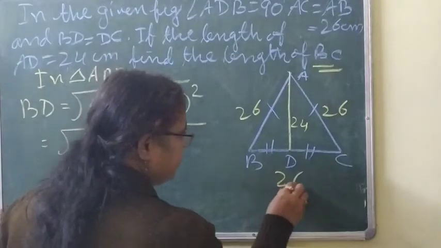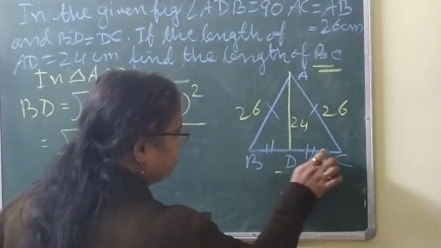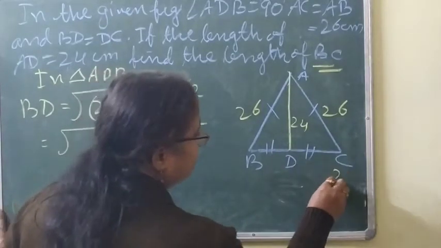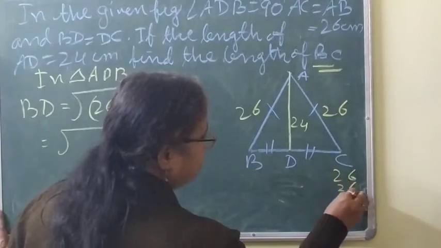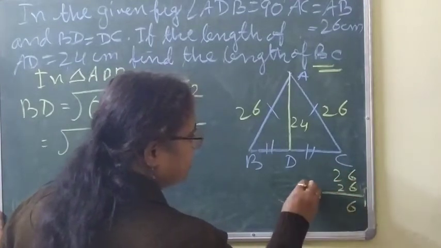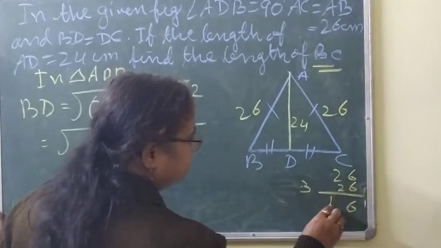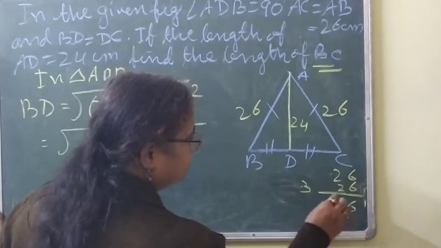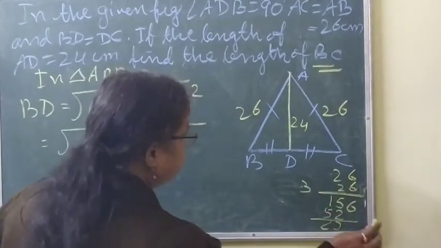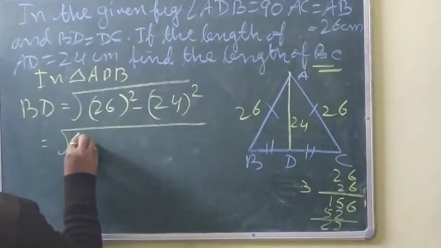Let's check once again. 26 into 26, yes, 676. Clear? I was correct.